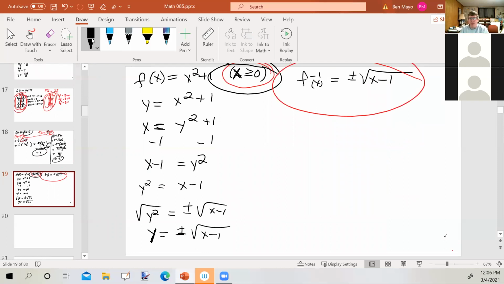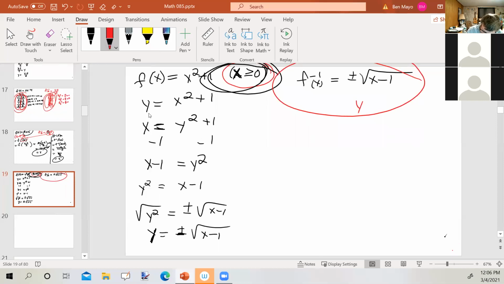Remember, the domain of the original function is the range of the inverse. The range of the original is the domain of the inverse, okay? Since we have a restriction x greater than or equal to 0 on the first function, what would the restriction be on its inverse?